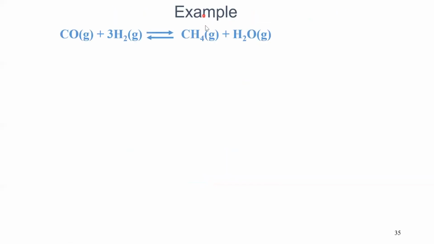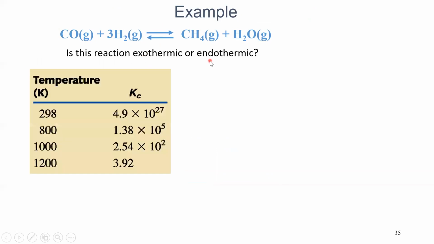Here's another reaction. We have a system. It's at equilibrium. And we want to decide whether or not this reaction is exothermic or endothermic. Okay. So here's some data. I want you to think about it a little bit. Here's our temperature. It's going up.